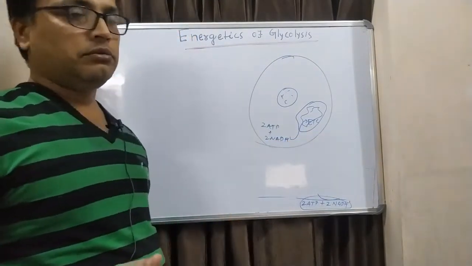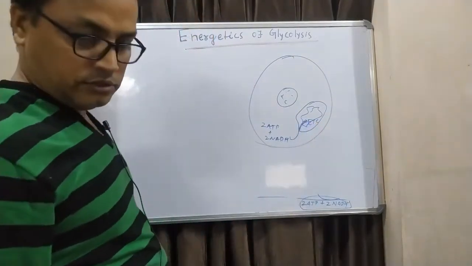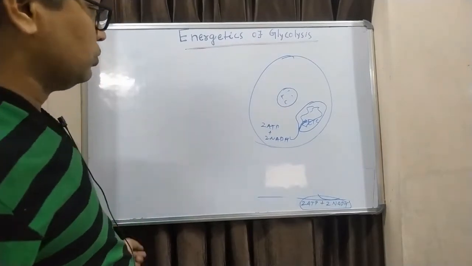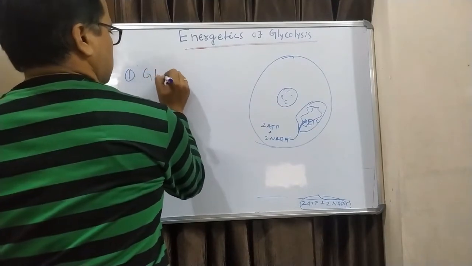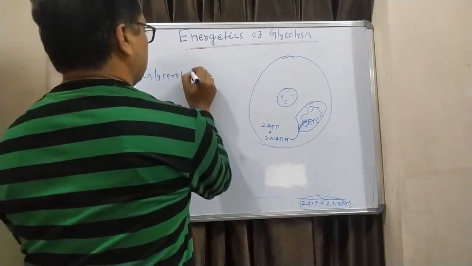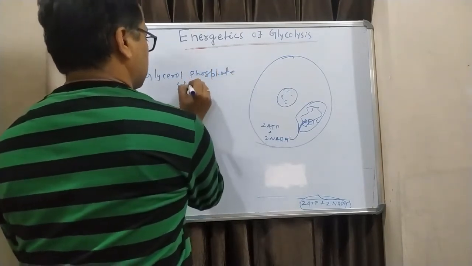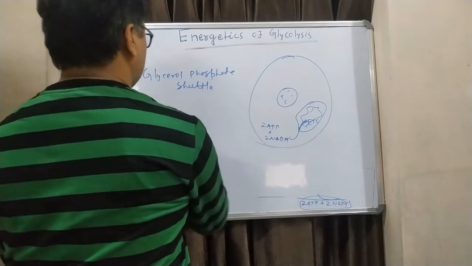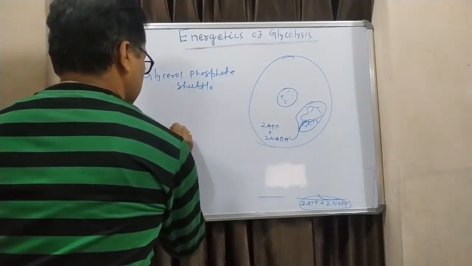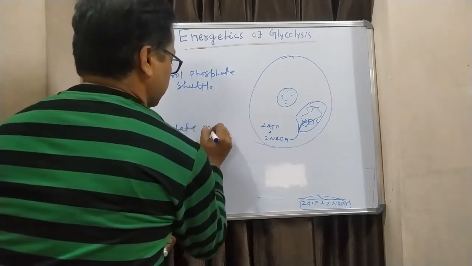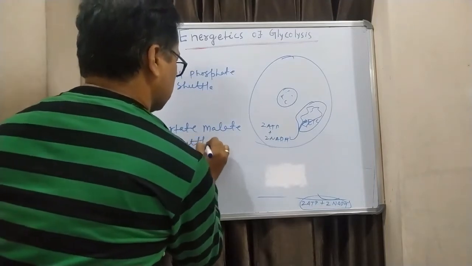That depends on the process by which it is reaching the mitochondria. For that we have 2 shuttle systems. One of the shuttle systems is called the glycerol-phosphate shuttle, and the second one is called the aspartate malate shuttle system.